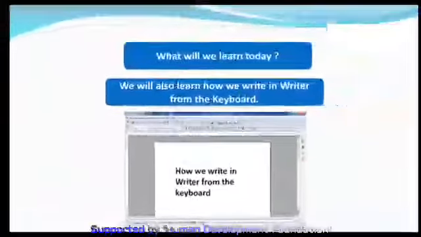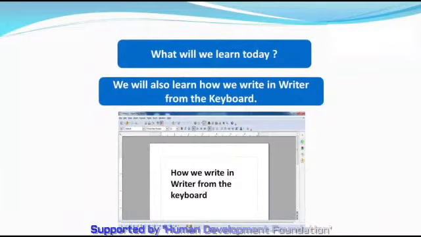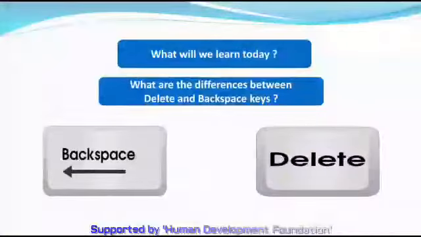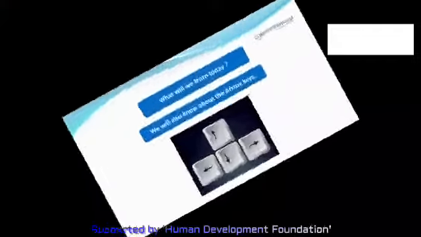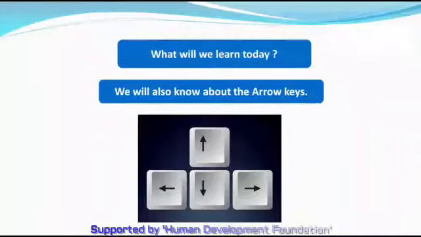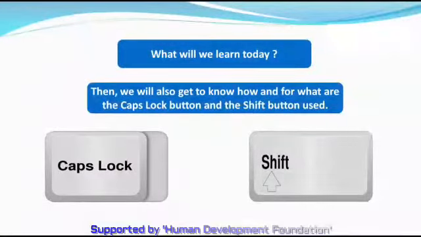We will also learn how we write in Writer from the keyboard. What are the differences between delete and backspace keys? We will also know about the arrow keys. Then we will also get to know how and for what the caps lock button and the shift button are used.